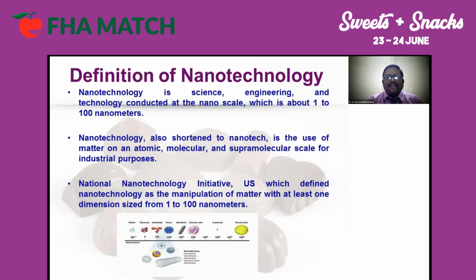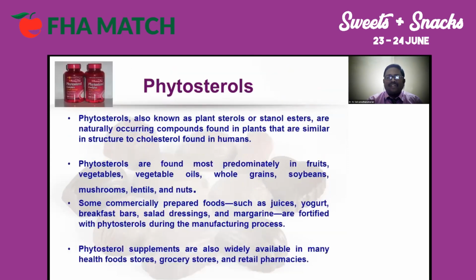According to NNI, the National Nanotechnology Initiative, United States, nanotechnology is matter manipulation with dimensions ranging from 1 to 100 nanometers. That means we can divide molecules or atoms into very small sub particles, ranging from nanometers to a few micrometers. This is the basic definition of nanotechnology.